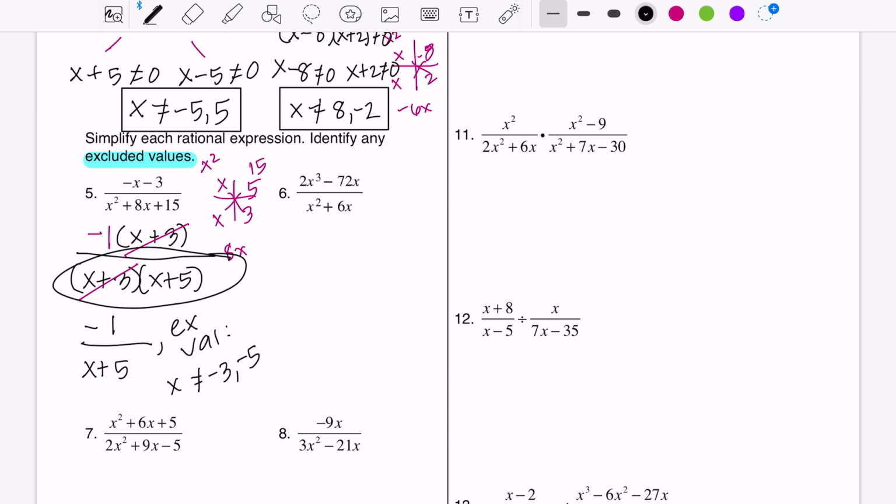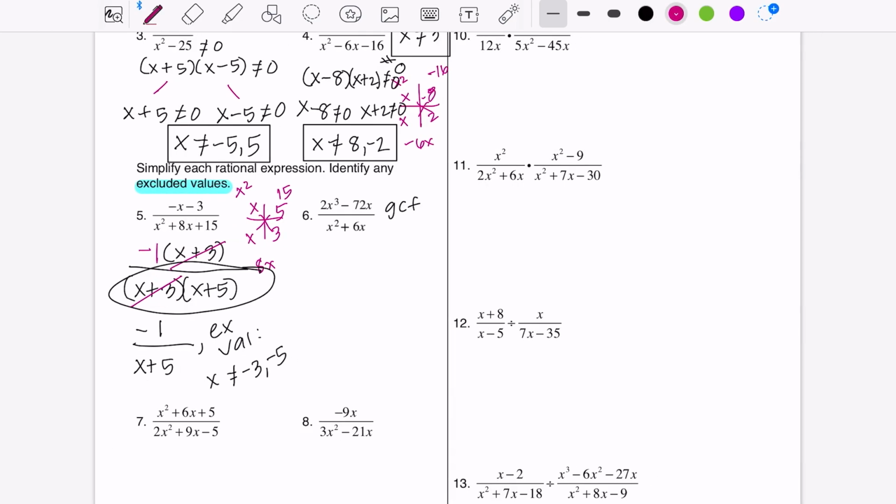Okay, number 6, we're going to have a GCF here. So we're going to look at what they have in common, which is a 2x. And then it's going to be x squared minus 36.